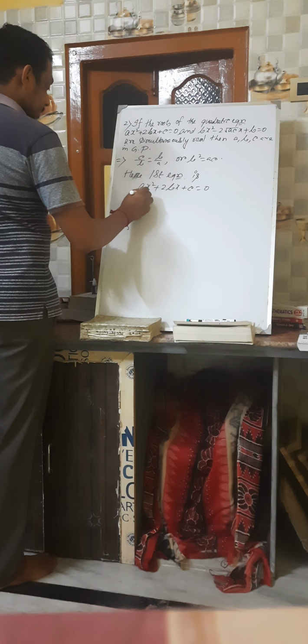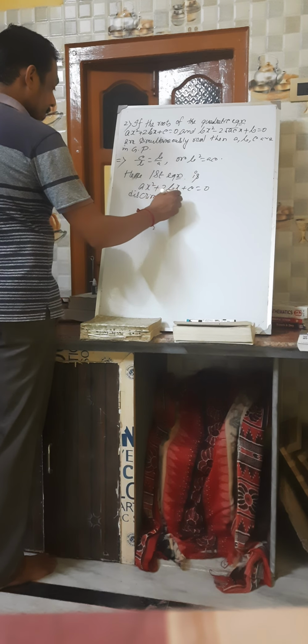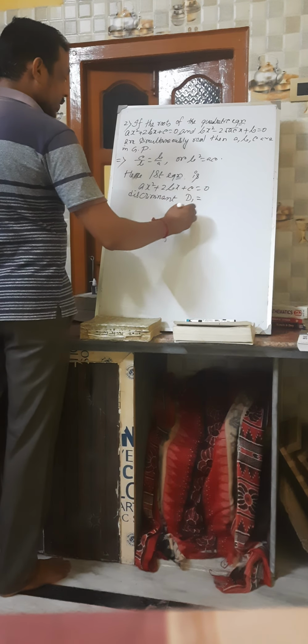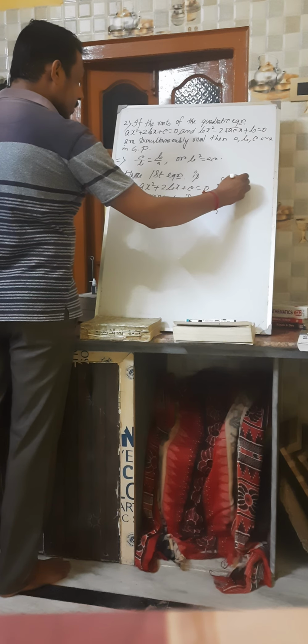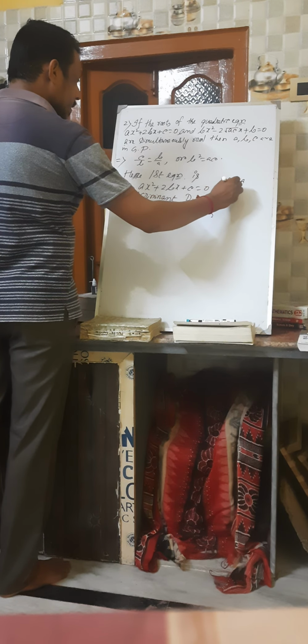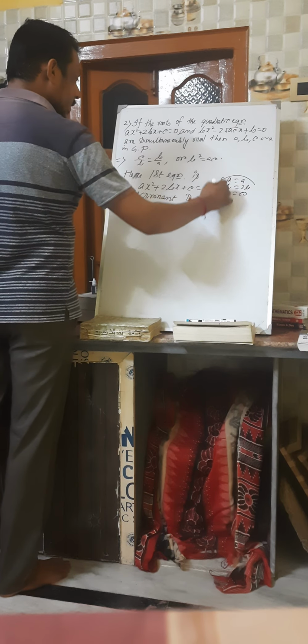So what is the discriminant? Here discriminant, we take it as d1 and this is equals to, you can see here a equals to a, b equals to 2b, c equals to c. You can write for your own convenience.